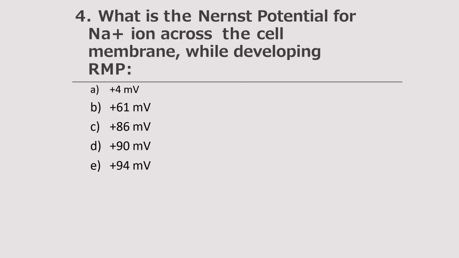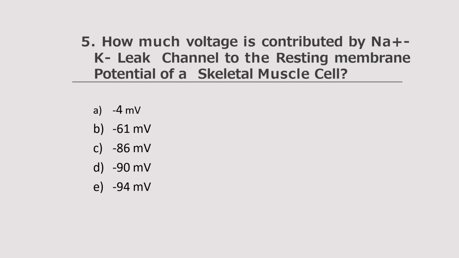And what is the Nernst potential for sodium ion across the cell membrane while developing resting membrane potential? How much voltage is contributed by the sodium potassium leak channel to the resting membrane potential of a skeletal muscle cell? So answer these questions in your notebook.